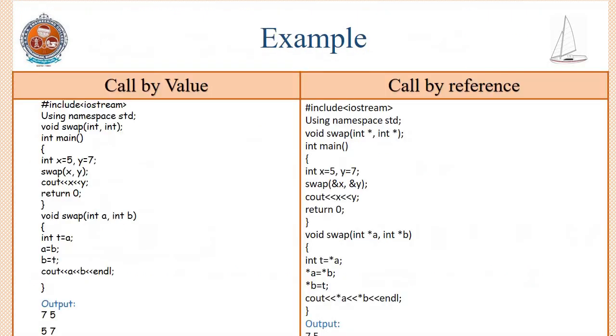And this is the example for call by value and call by reference, where I'm swapping the values of two variables. This is the main function where I'm declaring x and y values as 5 and 7, and I'm calling a function swap, where these values are copied into formal parameters a and b, and I'm swapping those values.